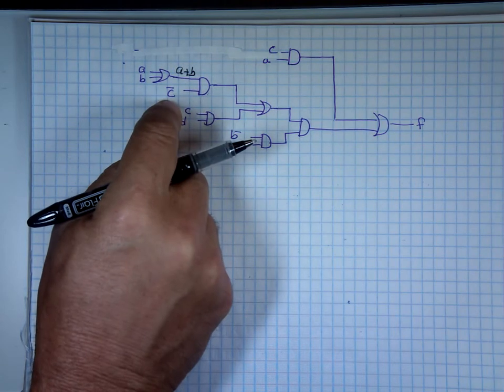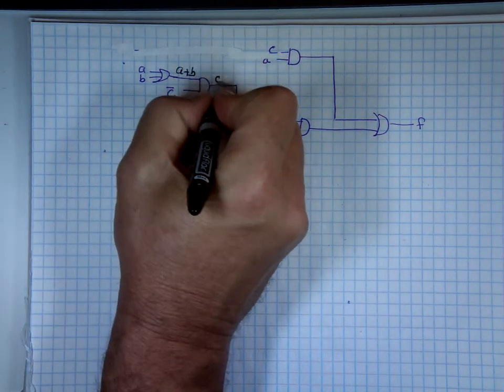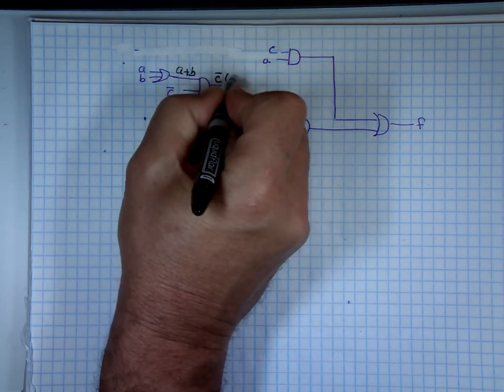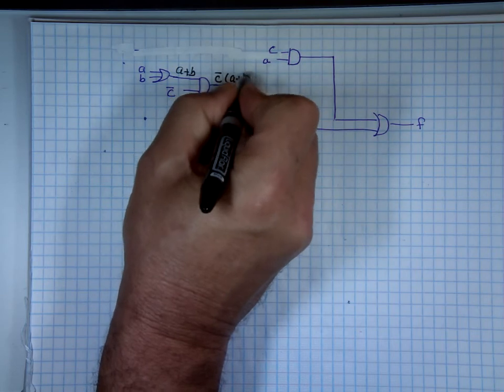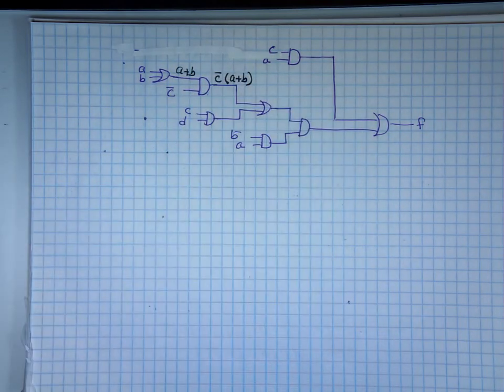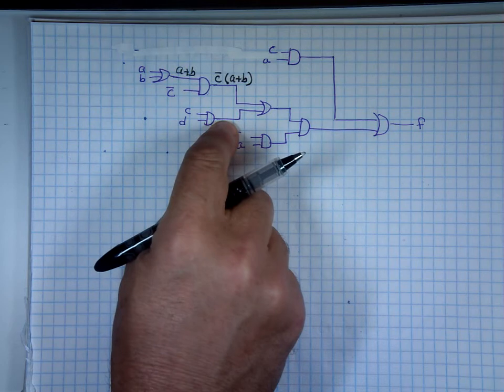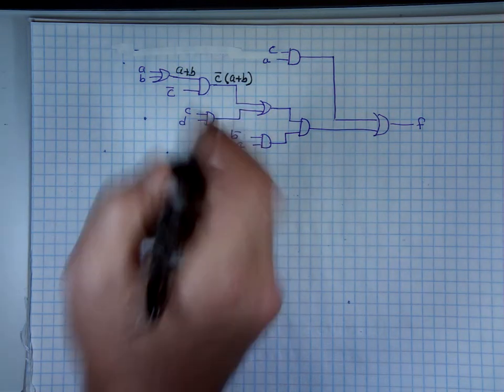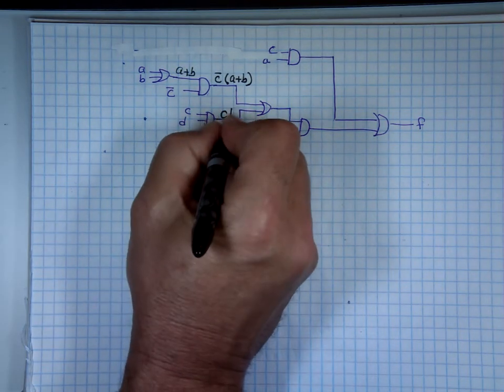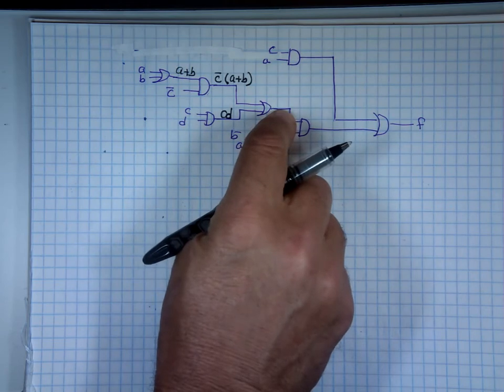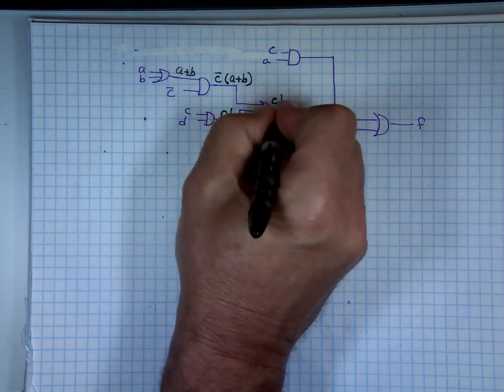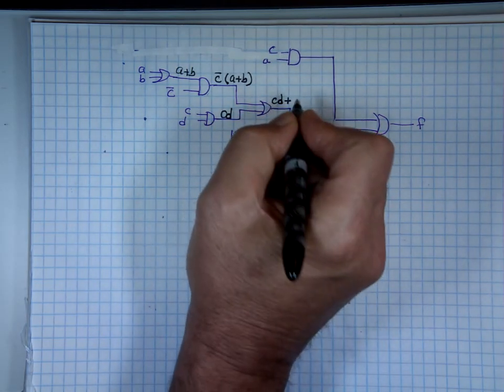C bar times A plus B. This is an AND gate. That'll be what? CD. And this one's going to OR them, so that'll be CD plus C bar times A plus B.